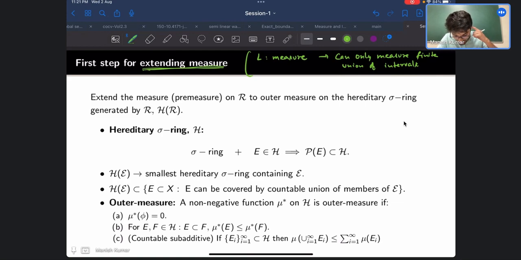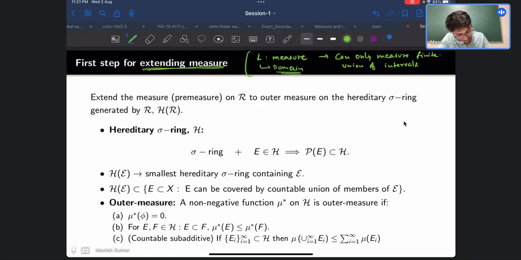So what does extension mean? This was restricted, so the domain for this length function was just the collection of unions of intervals. What we want to do is extend the domain of the function.